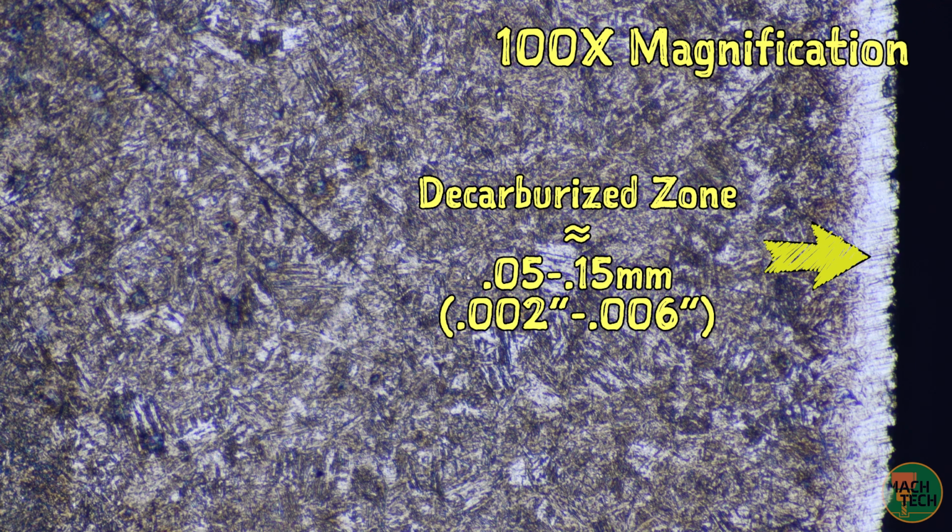This results in the decarburized zone, a skin of almost pure iron stripped of its carbon. It's important to get through this layer to get to the hardened high-carbon steel underneath when surface grinding, so I always tell students to take at least 5 thousandths of an inch off every surface.